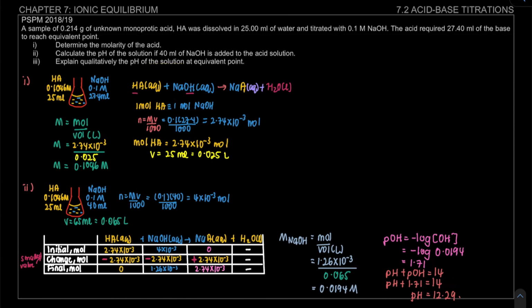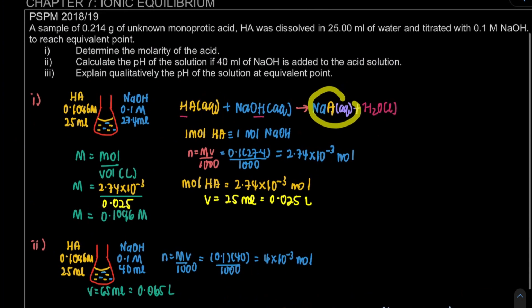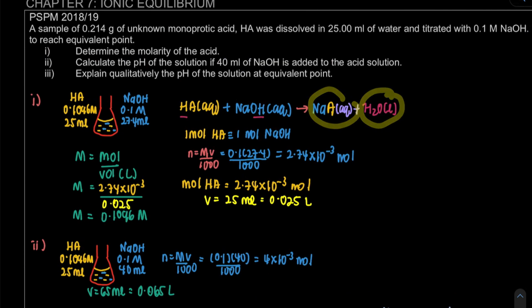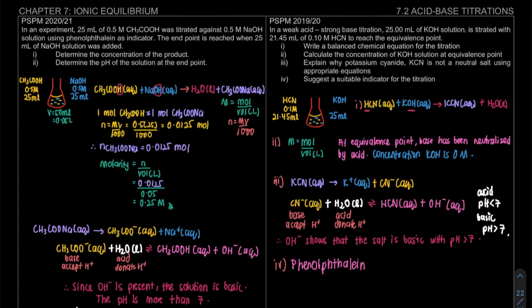Okay, which? Because we have NaA in this case with the H2O. Okay. We will be talking about the salt. We don't want to talk about the water. Okay, so this one is also the same, it is actually regarding salt hydrolysis. Then how to do it? Okay, first we look back at what we have done previously. First we're going to write down the salt.